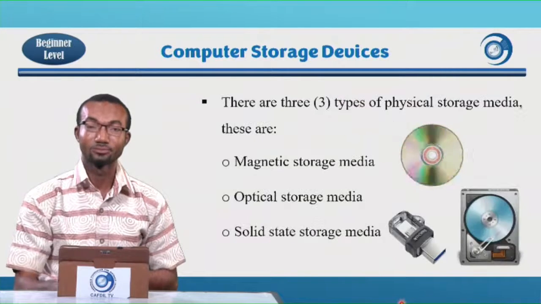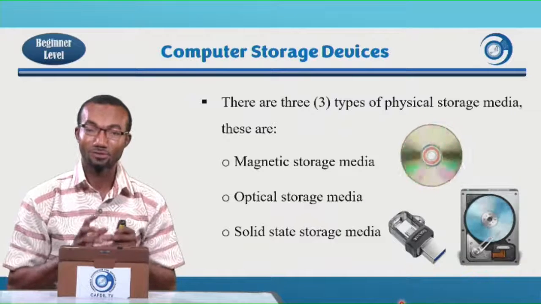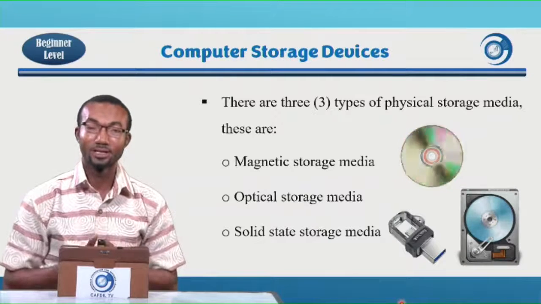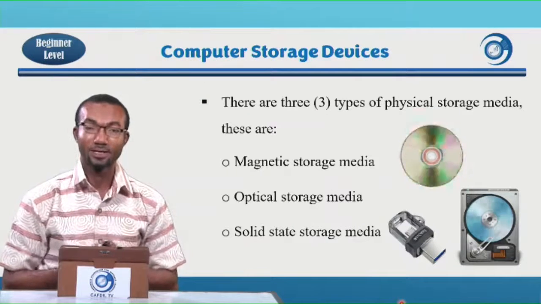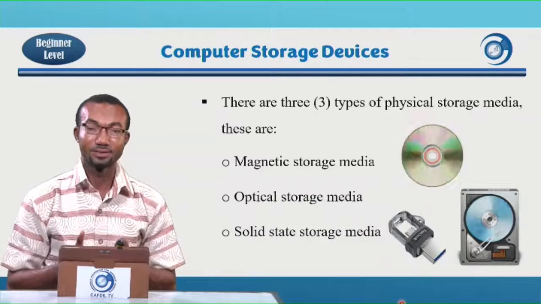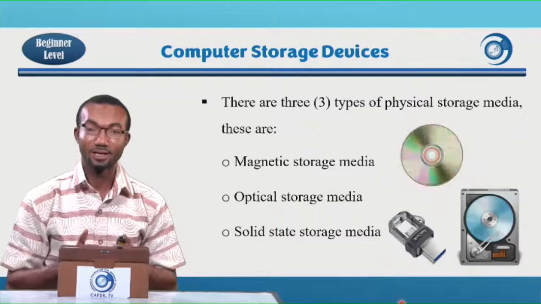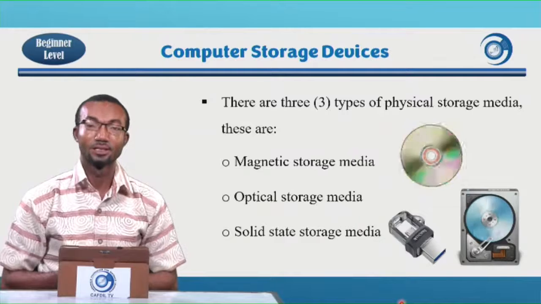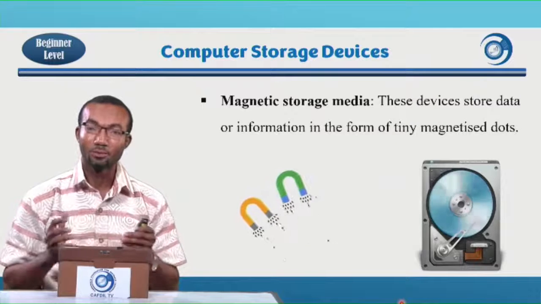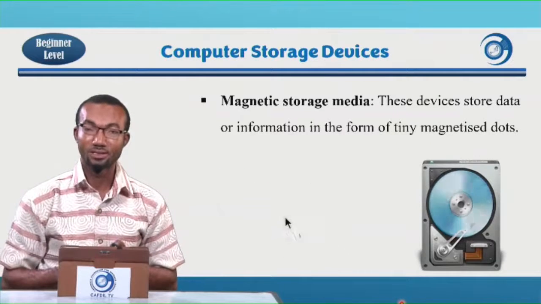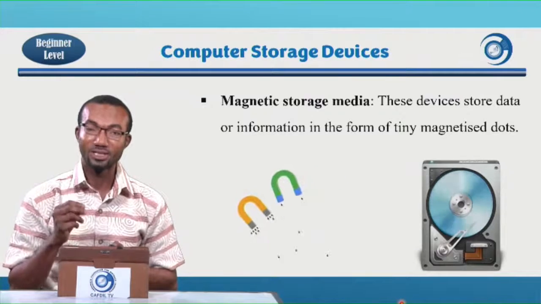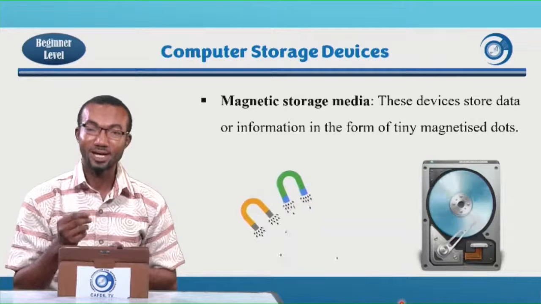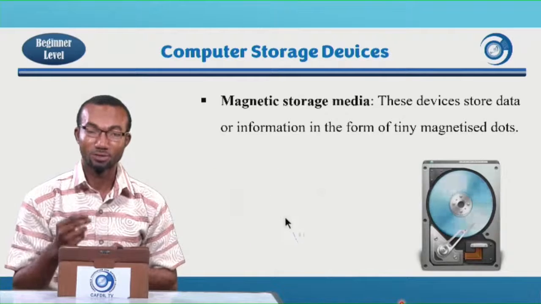There are 3 types of physical storage media. And these are magnetic, optical, and solid state. We looked at what magnetic storage means, and these devices or media store data in the form of tiny magnetized dots.